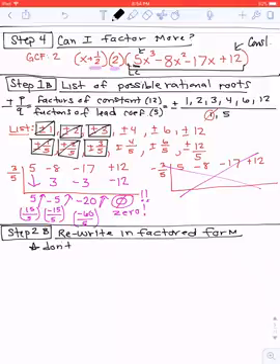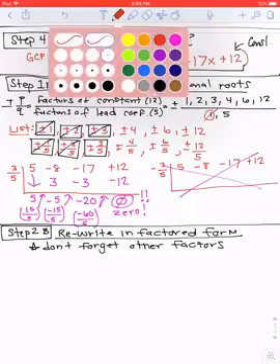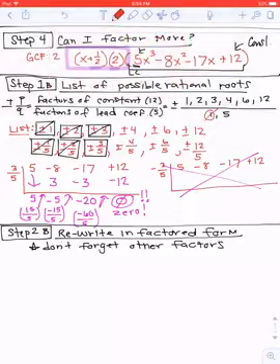Don't forget other factors. So coming up here and looking at these factors that we've already divided out, don't forget those. So we already have our x plus 1/2, and we already have a 2.